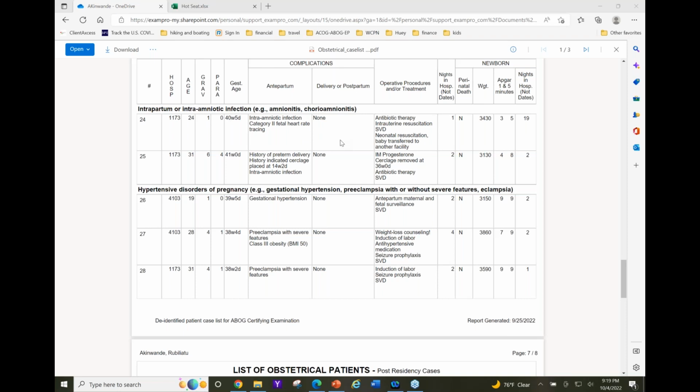Okay, tell me, how do you calculate an APGAR score? APGAR, so it's a score out of 10, and there are 5 categories, each with 2 points. We have activity, pulse, grimace.